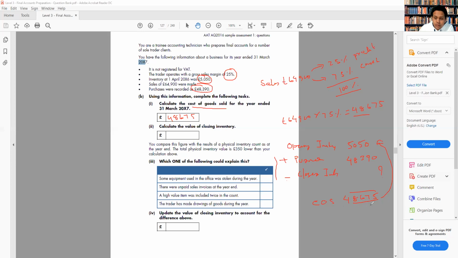So if I go from the cost of sales to the closing inventory, I need to do the opposite. So we have 48,675; this one is a plus, so we make it minus 48,390, and this is a plus, we make it minus 5050.